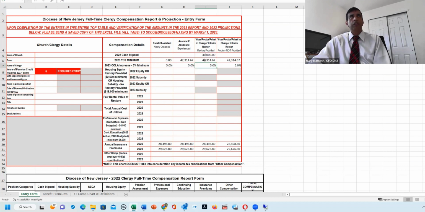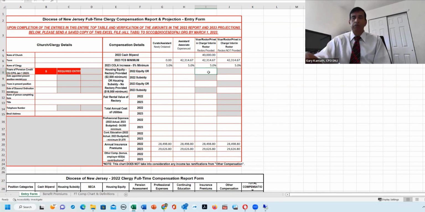And you'll see this number changed with the years of credited service of 5, and then the housing equity, where the minimum here has to be 2,500. So that's for 2022, and that's for 2023.